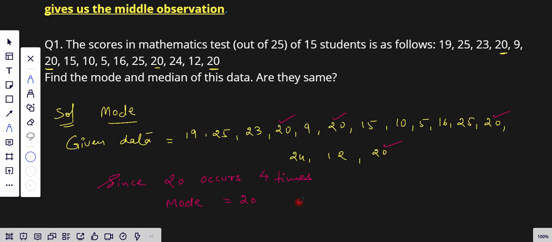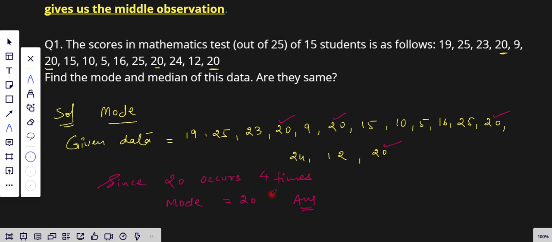This is your first answer. In this way you have calculated mode. Mode is nothing but the observation which is repeating frequently. 20 is the observation which occurred 4 times, so this is my mode.